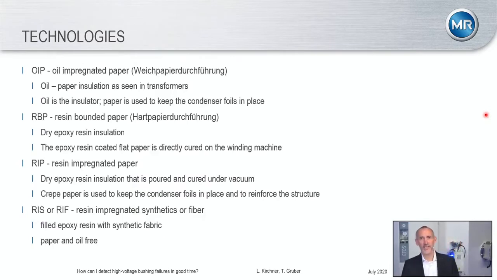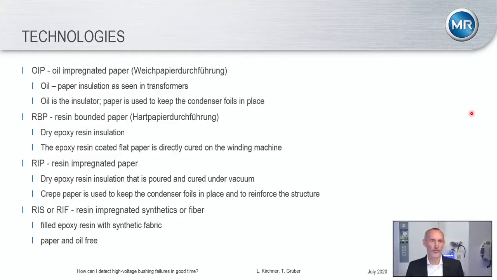So now, having seen that there are different types of bushings out there, before you do a monitoring, it makes sense to think about different technologies, because that might have an impact on your monitoring system. And the most well-known bushing is the oil-impregnated bushing, in German called Weichpapierdurchführung, and from the price side, it's a very interesting bushing.